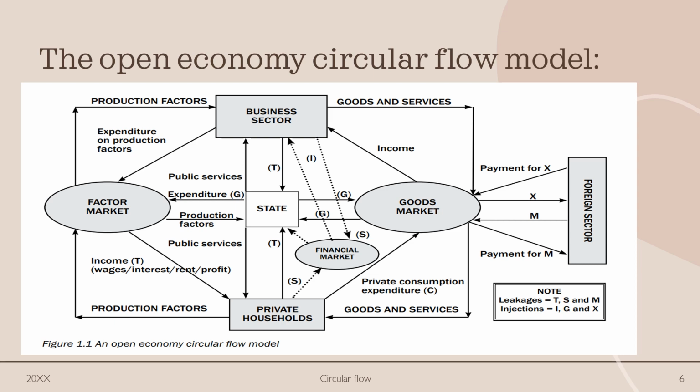That is your income. So what you do with that income, obviously the businesses are buying, so it's expenditure on the factors of production. Then it goes to the private households. The households then again use that money to either buy goods and services or save. But usually let's focus on them consuming.